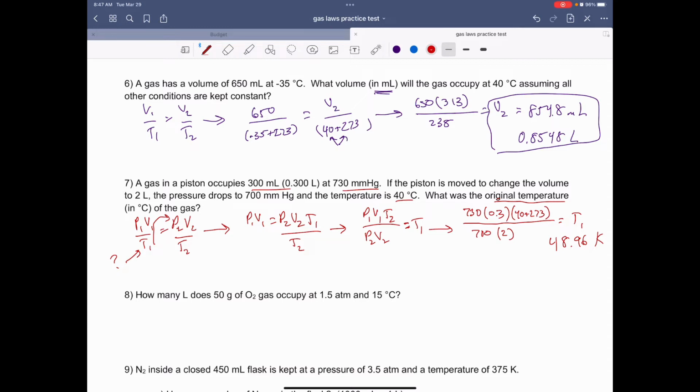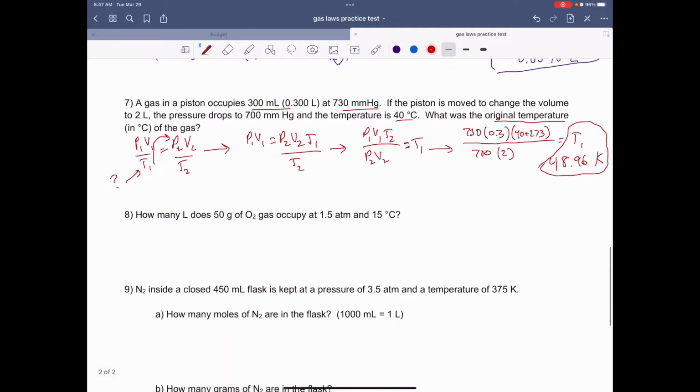I'm just double checking my numbers here. Yep, it is what it is. Okay, so 48.96 degrees Kelvin. All right, moving on to the next one.